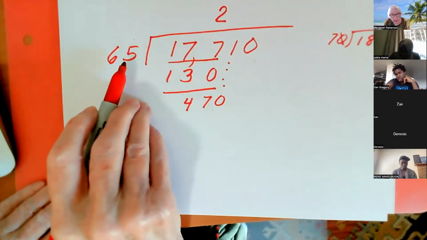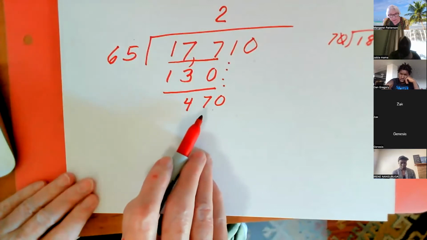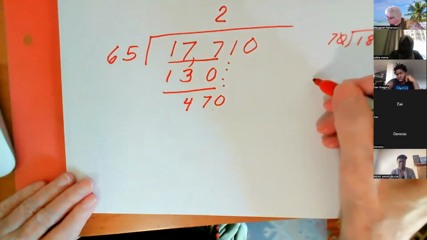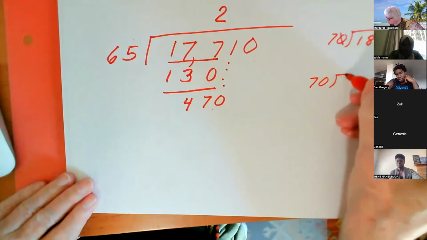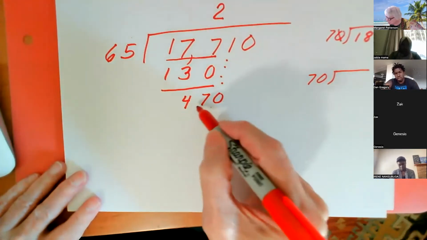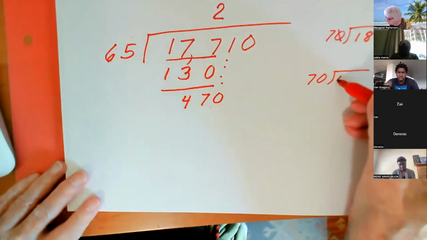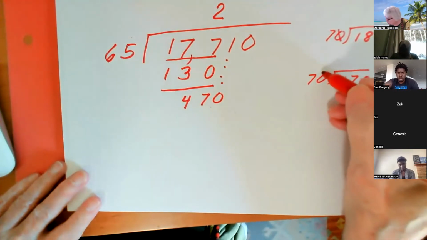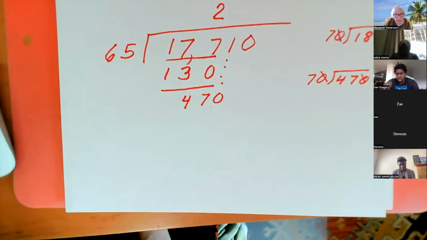So again, I have to divide 65 into this. And so again, just so that I make a decent guess at the start, I'm going to call this, actually rounded, so I'm going to call it 470. But I did that so that I could see, well, 7 into 47.